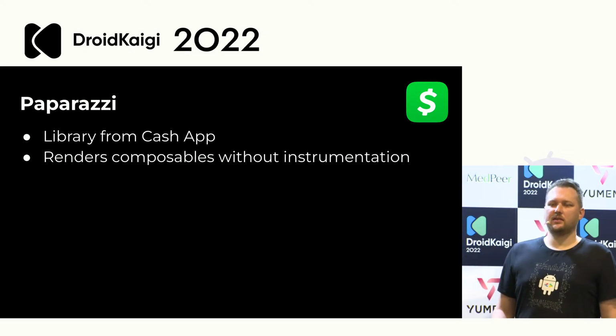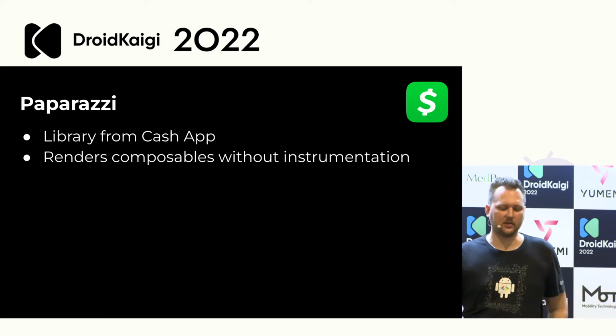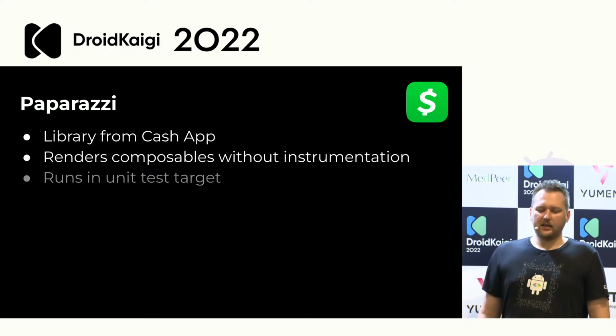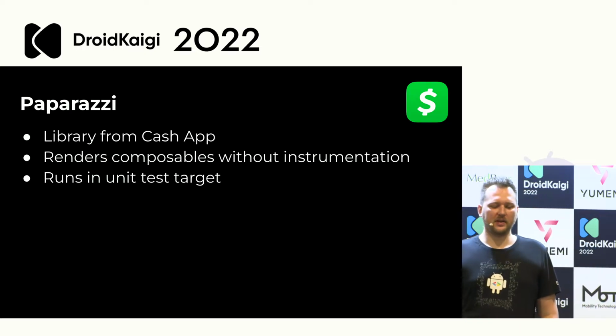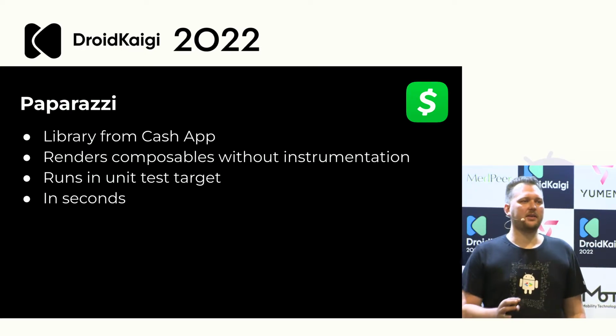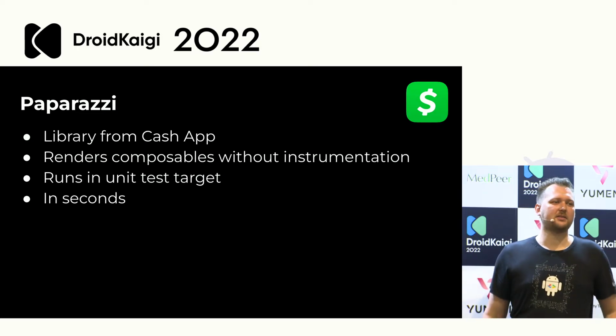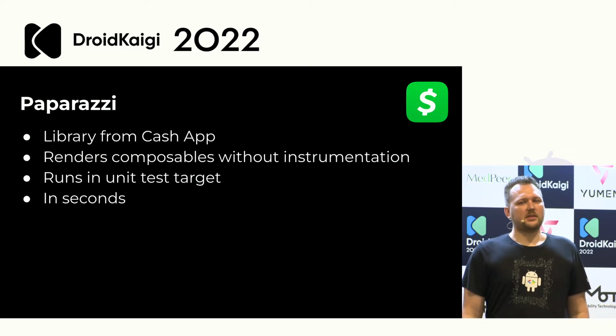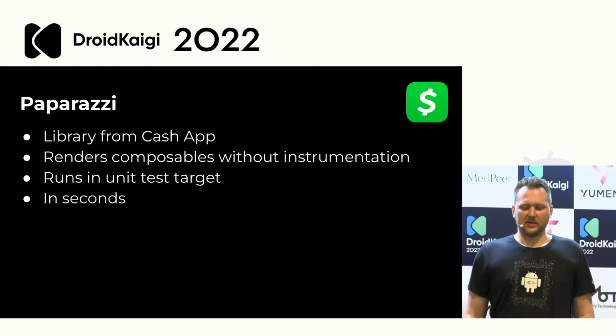It actually uses Android Studio rendering behind the scenes, like what's in Android Studio. And it runs in the unit test target. And the greatest thing is that it's running in seconds, it's really fast. So it speeds up your development process, your CI and everything.